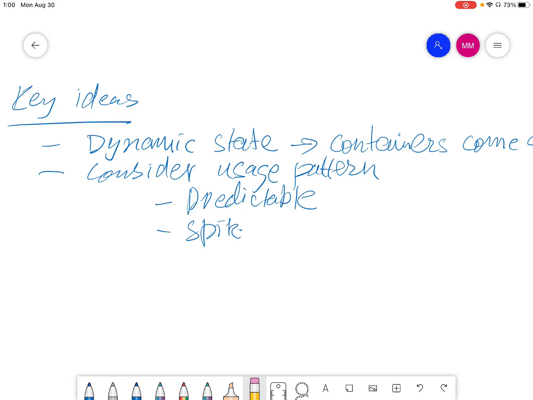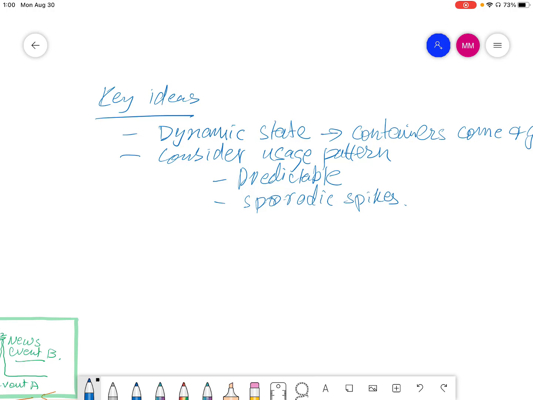Maybe you can just call it sporadic spikes, right? Can I tell when I will need to go up or down in terms of the number of containers? So consider the usage pattern of your application. Understand whether you're building it for something where you know what time you need to bring up the number of containers, and what time you need to bring down the number of containers. Okay, so that's a very important point to keep in mind.